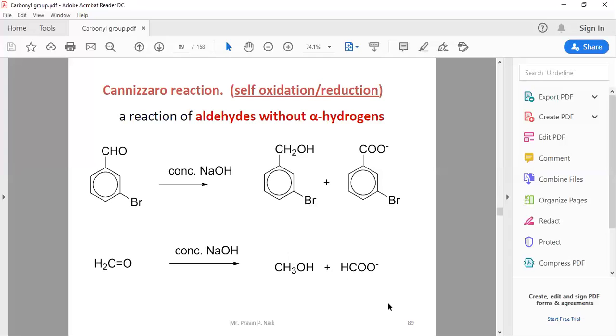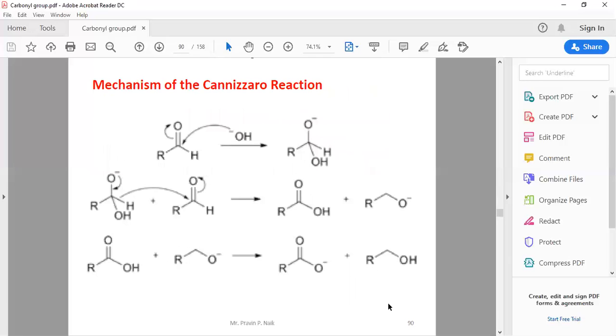So let's see the mechanism by which these products form. In the first step, there is a nucleophilic attack on the carbonyl group to form this tetrahedral intermediate. Then in the second step, there is hydride transfer to the carbonyl group of another molecule of aldehyde.